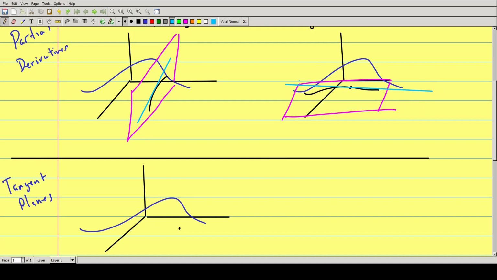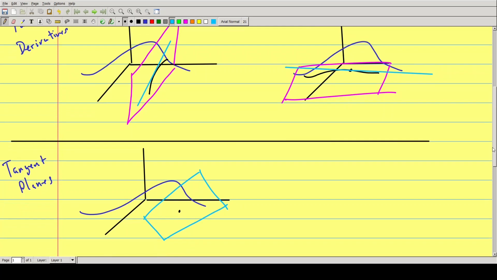Now this is important to us because this plane that is defined, and I'm using the same color that I used for the tangent lines, since I used the tangent line directions to define where this plane sits, this plane is tangent to my surface, in both the x direction and the y direction.